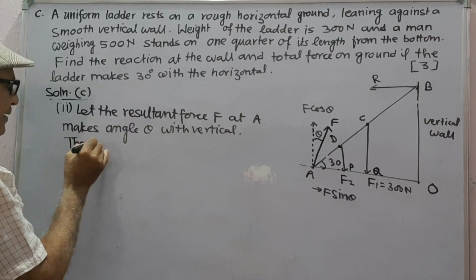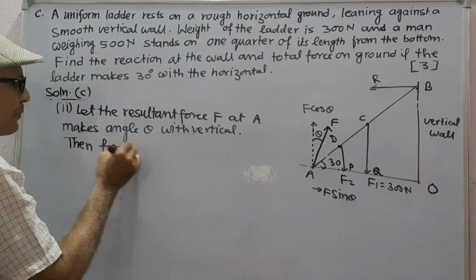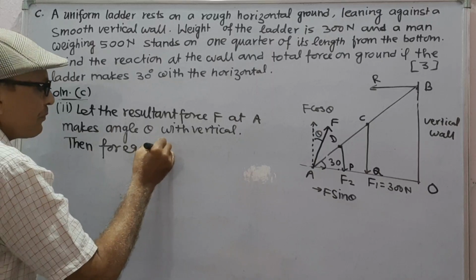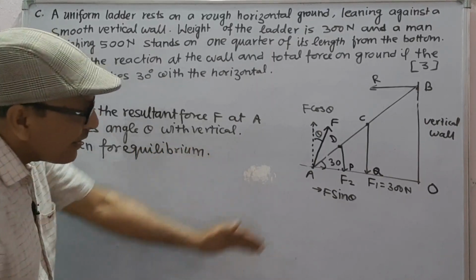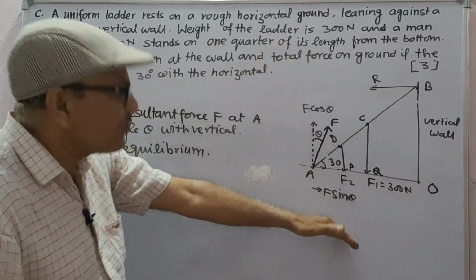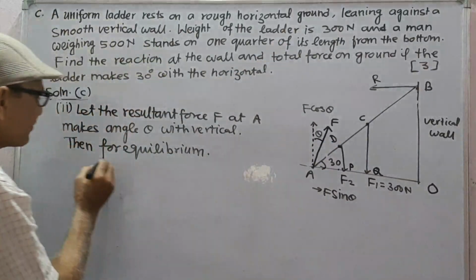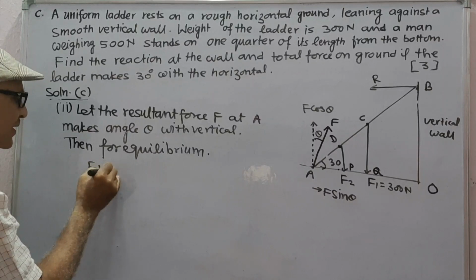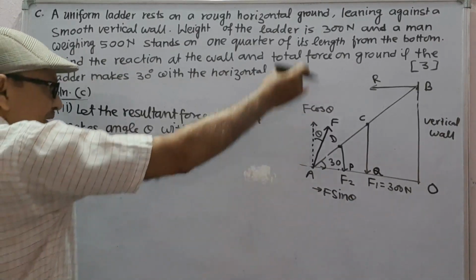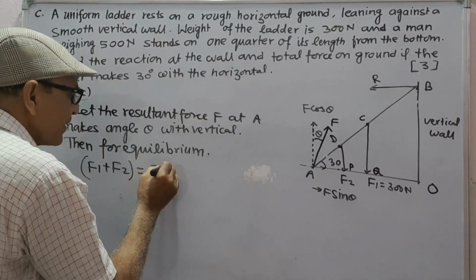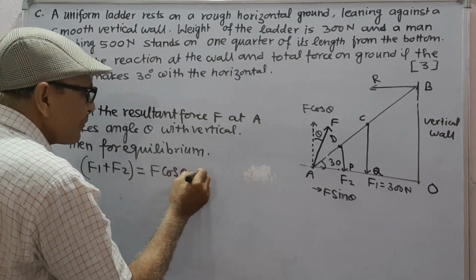Then for equilibrium, vertical upward force must be equal to vertical downward force, means F1 plus F2, vertical downward force, must be equal to vertical upward force F cos theta.